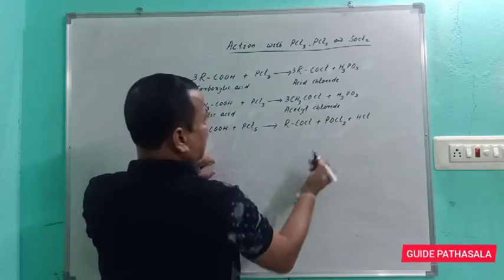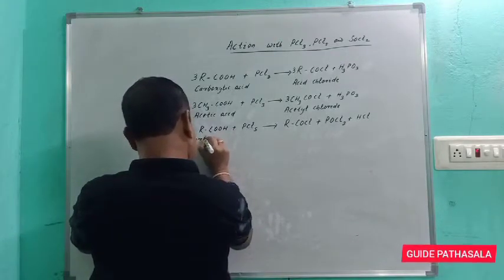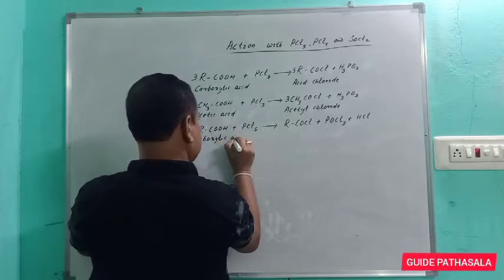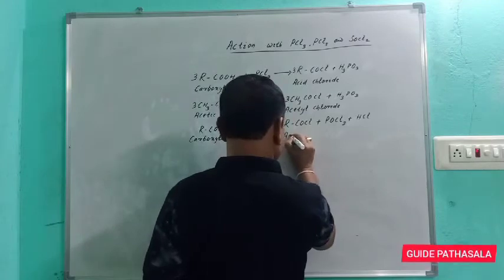RCOOH is your carboxylic acid, and RCOCl is your acid chloride.